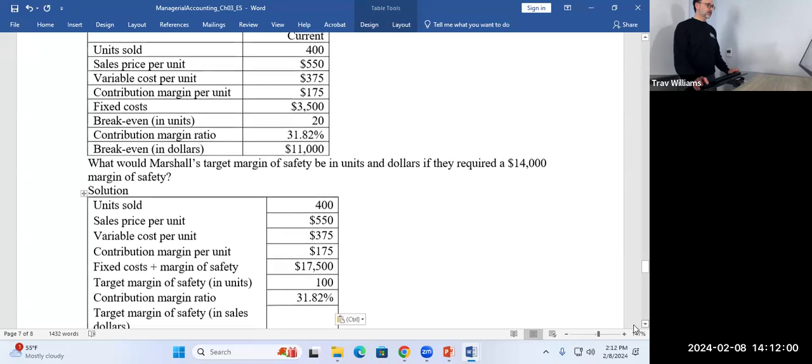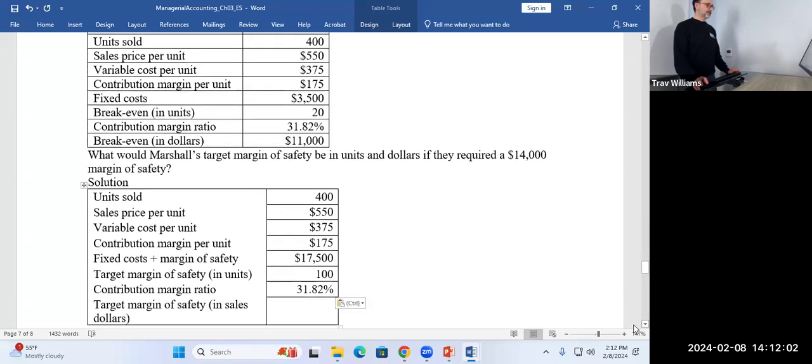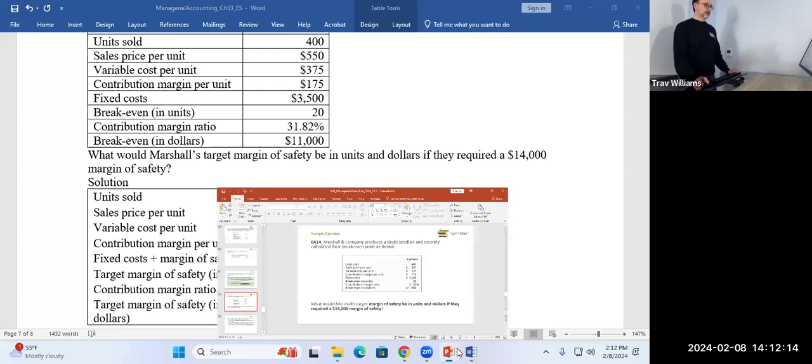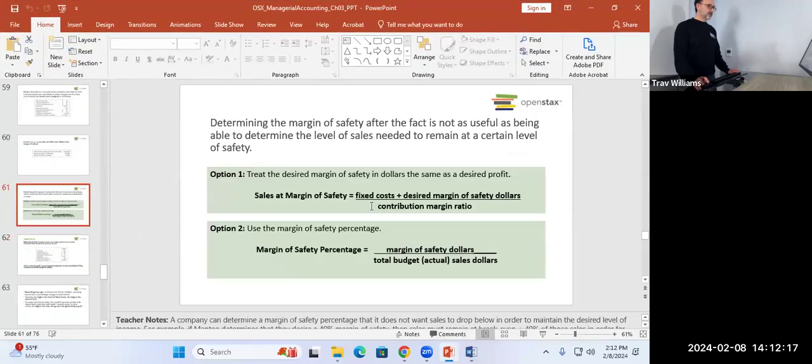How can we figure out our target margin of safety in sales dollars? Remember how we saw it here? Fixed cost plus your margin of safety divided by your contribution margin ratio.